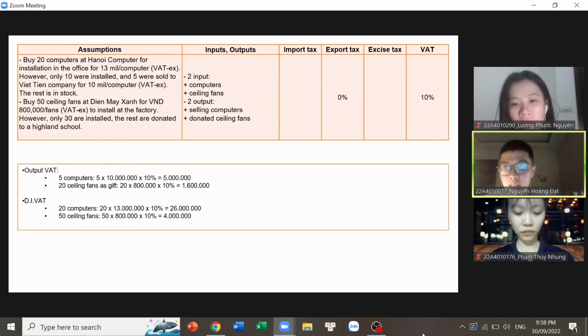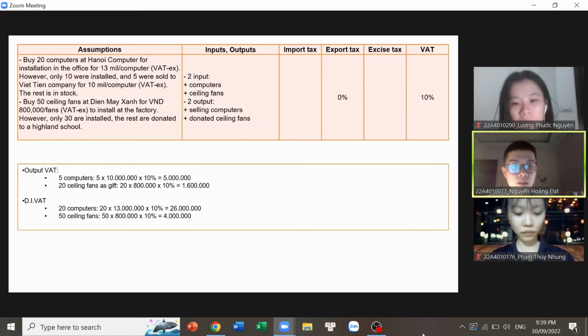The rest are donated to a highland school. So the output VAT for 5 computers is 5 million, and the output VAT for 20 ceiling fans as gifts is 1.6 million. The deductible VAT for 20 computers is 26 million dong, and the deductible input VAT for 50 ceiling fans is 4 million dong.